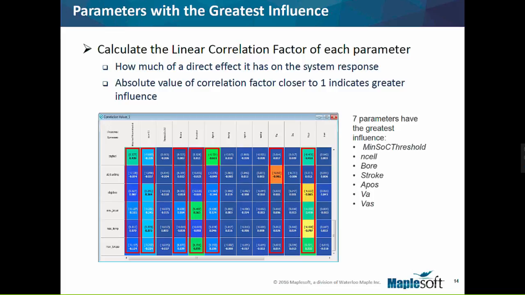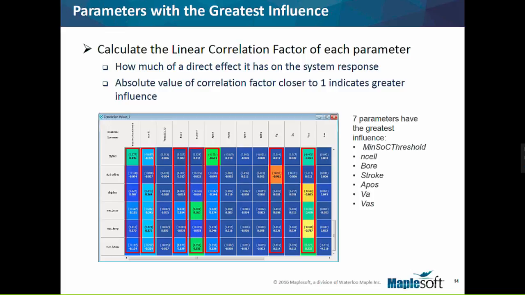To do this, we need to calculate the linear correlation factor for each parameter, which is how much of a direct effect the value of that parameter has on the system. This can be a positive or a negative effect. For example, if an increase in the value of a parameter causes an increase in the response of the system, then it has a positive linear correlation factor, and vice versa.